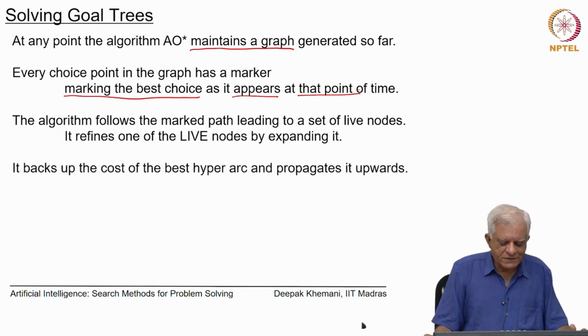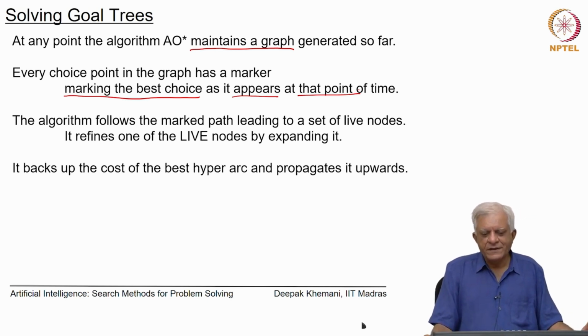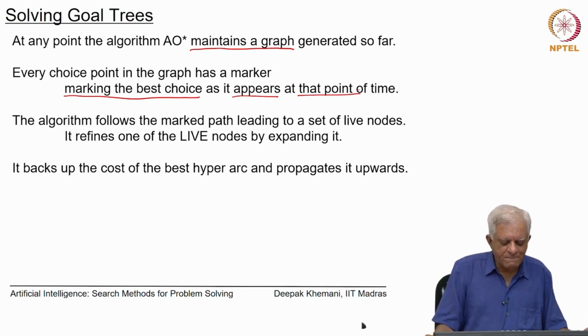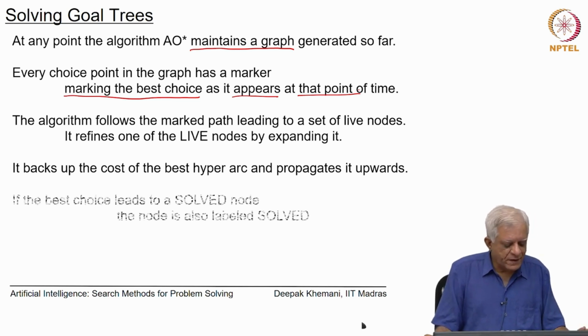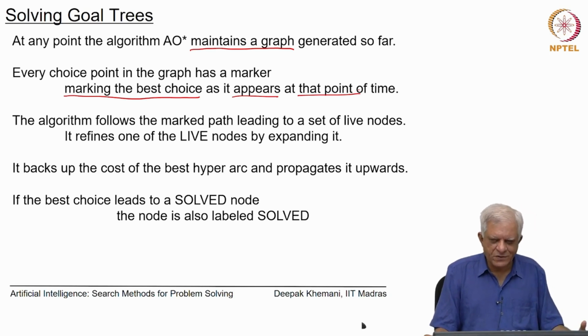Then it backs up the cost of the best hyperarc and propagates it upwards. Having refined it, you may have revised the actual cost a little bit, like what we did in the recursive best first search algorithm. You back propagate the values up, but in this case of course, you keep the entire graph. In the special case when the best choice leads to a solved node or a set of solved nodes, if it is an AND edge, then the node is also labeled as solved.